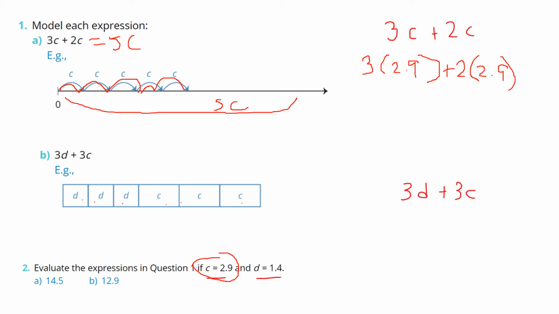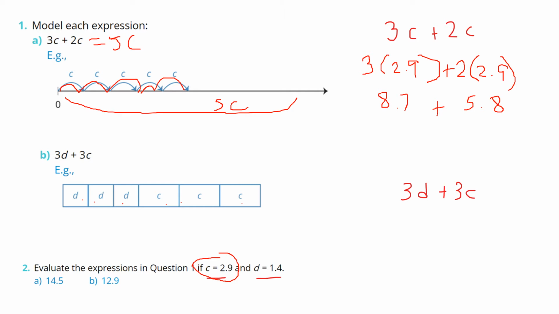So once we have those two items written, all we have to do is take the 3 times the 2.9. So 3 times 2.9 gives us 8.7. Bring this plus sign down. Then we take 2 times 2.9. So we double 2.9, and we get 5.8. And from here, we simply add the two numbers together.